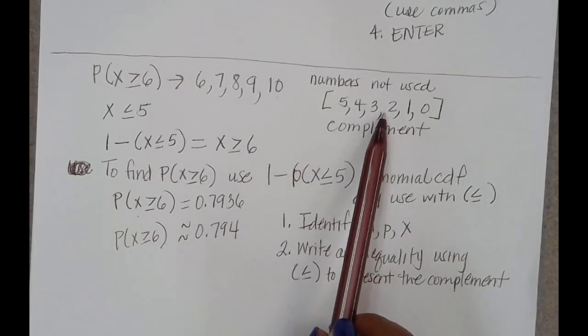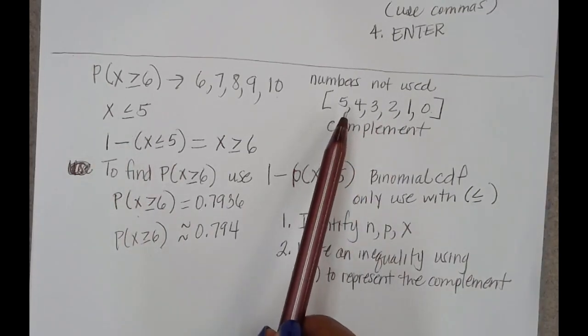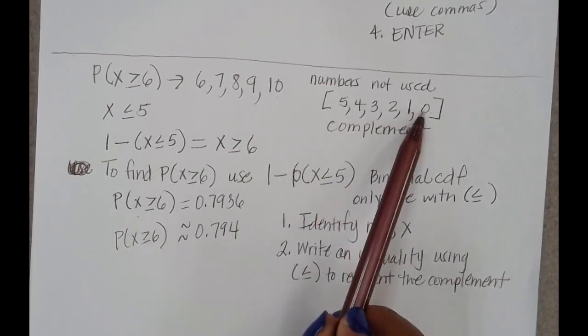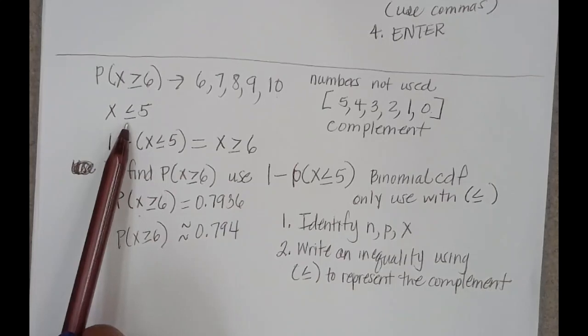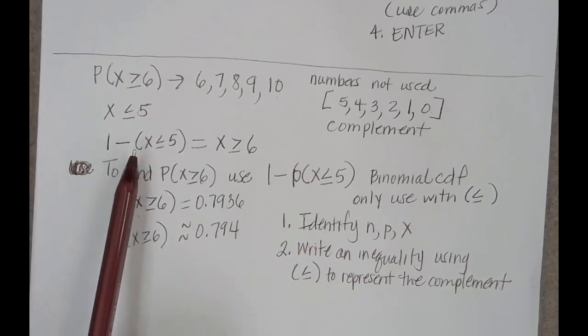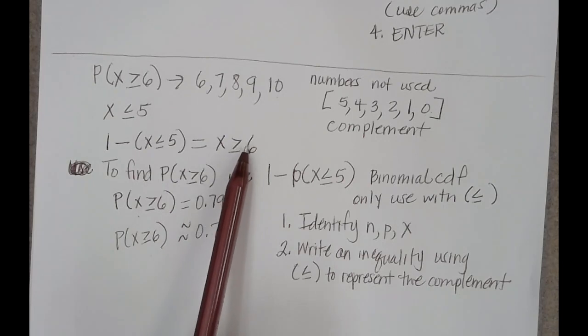That means the ones that we're not using. So I rewrote an inequality to represent these numbers. 5 or less looks like this. In the calculator, I'm now calculating 1 minus 5 or less to give me everything bigger than 5, including 6. Everything bigger than 5. So that's 6, 7, 8, 9, and 10.